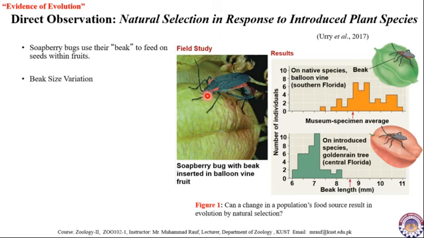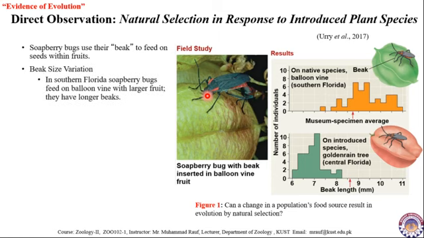So the size of their proboscis varies with the size of the fruit, or with the thickness of the pulp of the fruit.